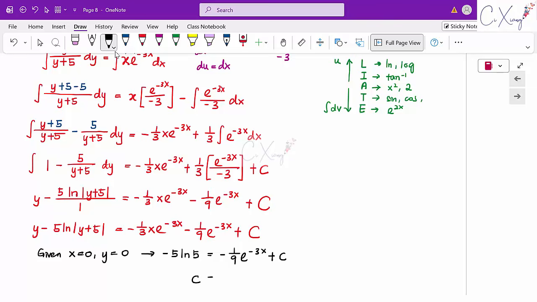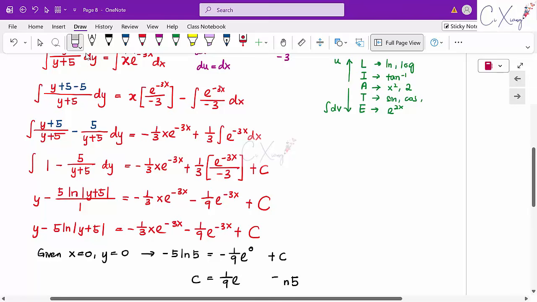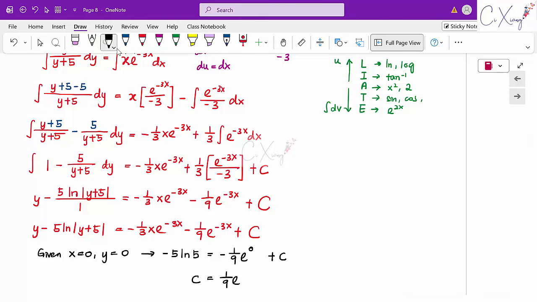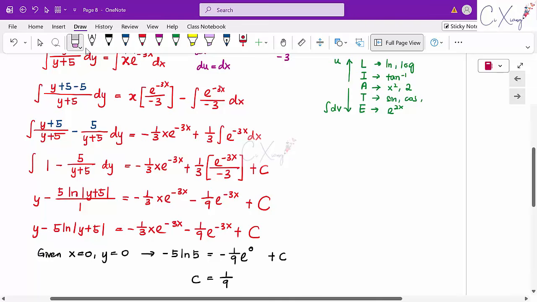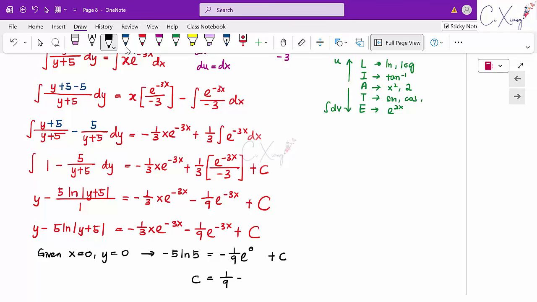So from here, you can see that your c is 1 over 9 e power negative 3x minus 5 ln 5. Oh, sorry, I forgot to put in the value of x here. The value of x is 0, so it should be e power 0, and e power 0 is 1. So your c is basically 1 over 9 minus 5 ln 5. This is the correct one.